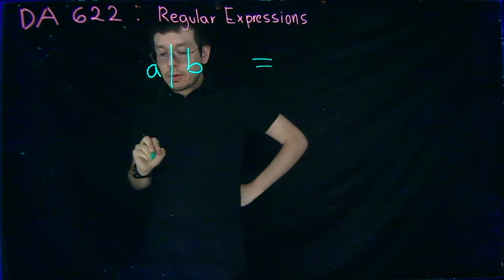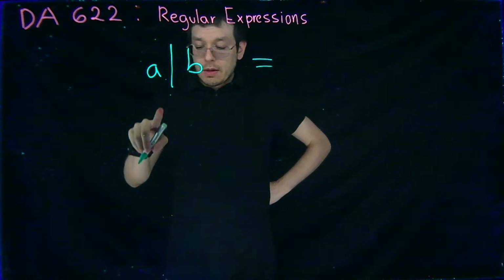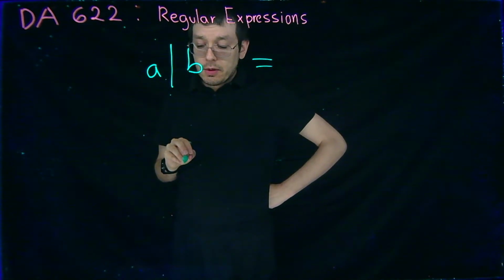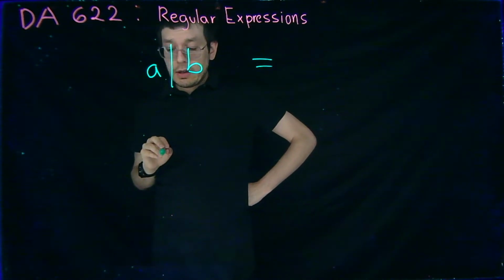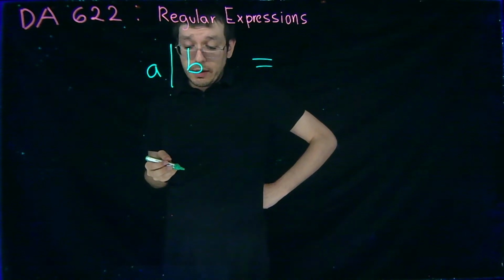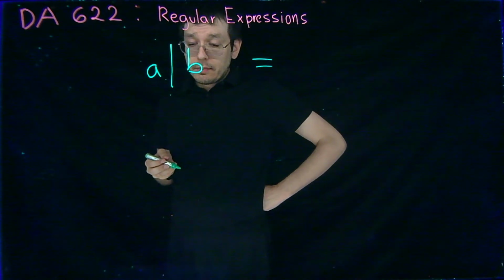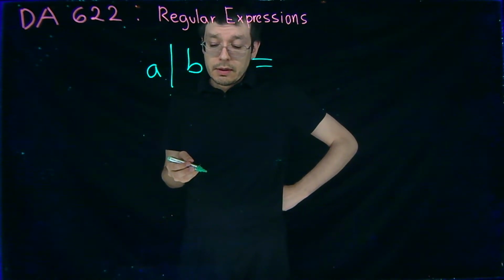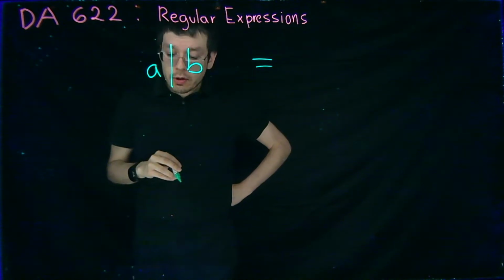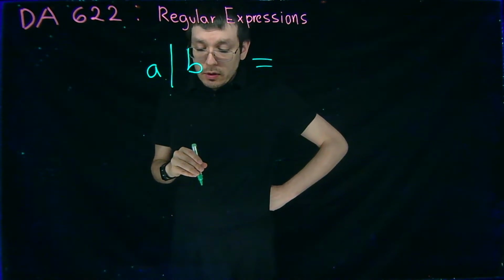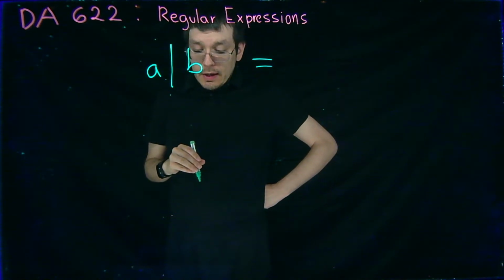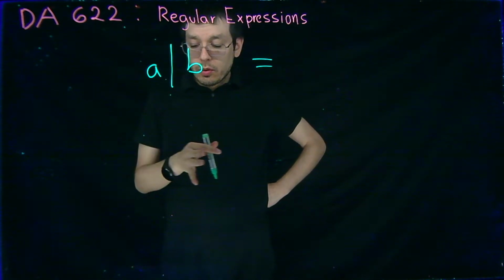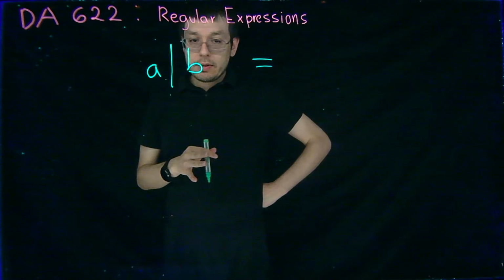Well, to understand what this means, we have to understand what this vertical line means, okay? This vertical line represents or, just like we were doing in the Boolean algebra, okay? And so, in a way, you are going to either pick one side or you're going to pick the other side, okay?